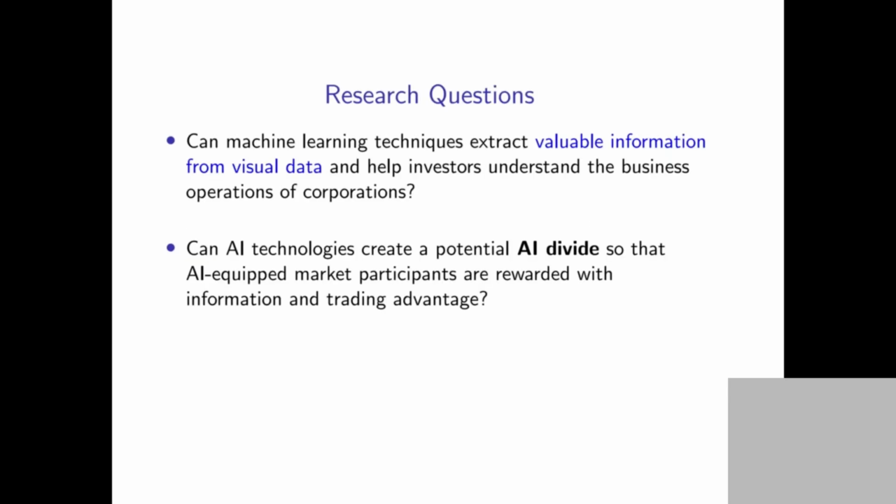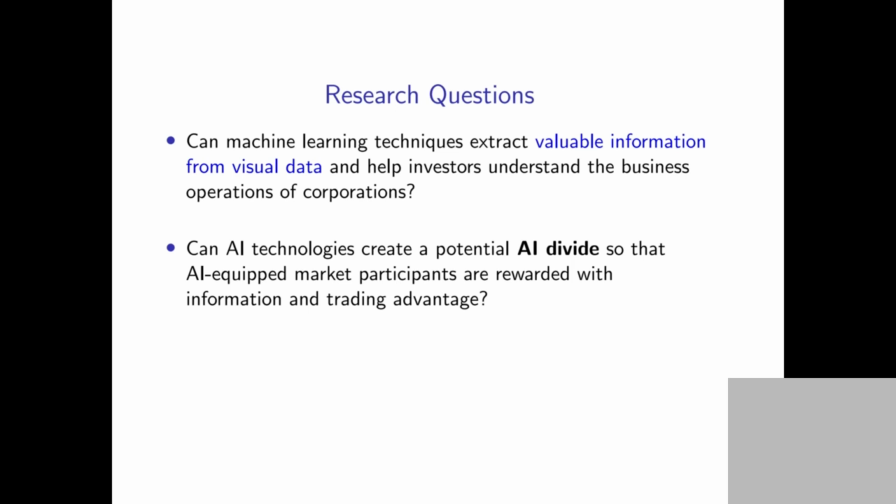So from textbook and the book and the paper, we talk about two things. The first thing is, does this image actually increase the firm value or not? So basically, can we form trading strategy based on this image, right? This is number one. Number two is, does this create AI divide?